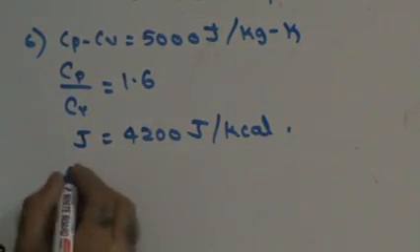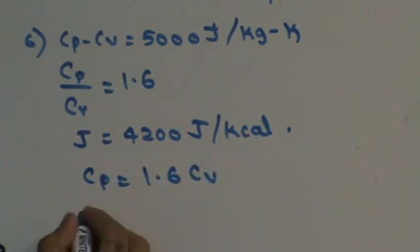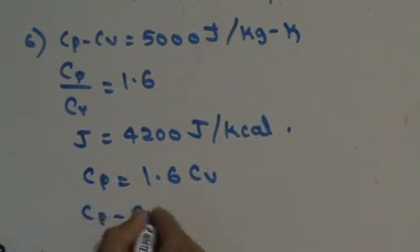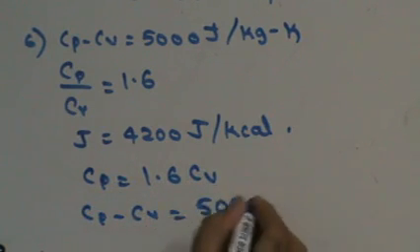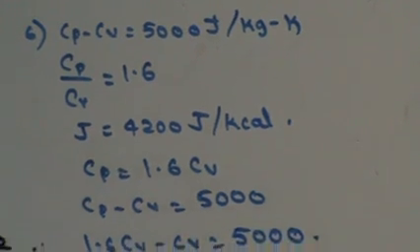Simple, straightforward. I can say Cp is 1.6 Cv, but they give me that Cp minus Cv is 5000. So I'll get 1.6 Cv minus Cv is 5000. You'll get the value of Cv and then you can find out the value of Cp.